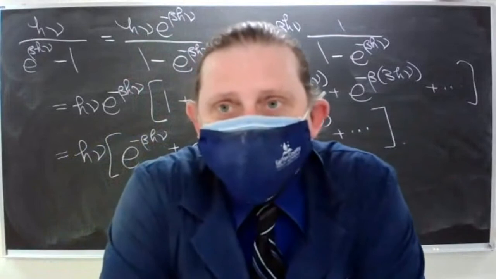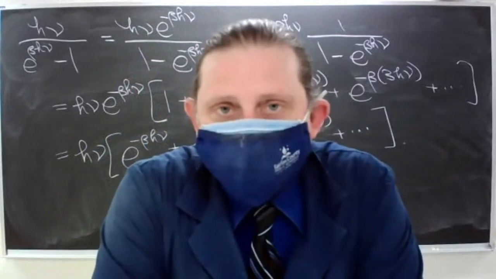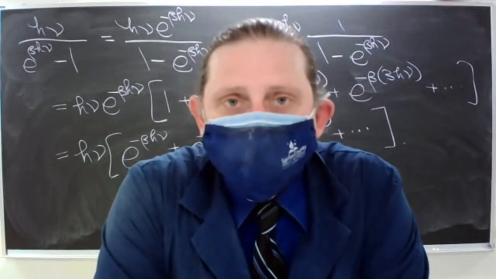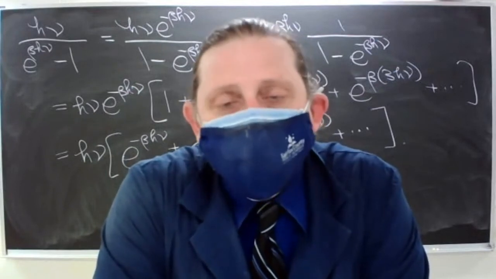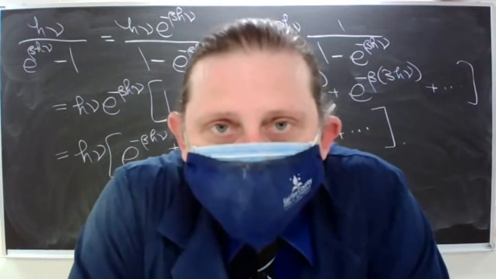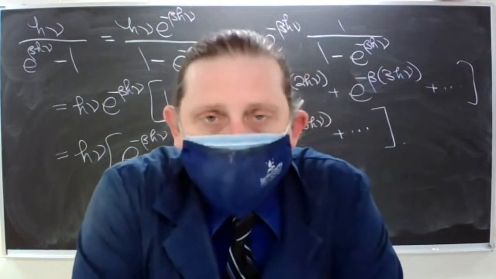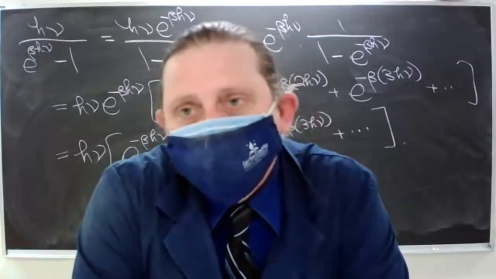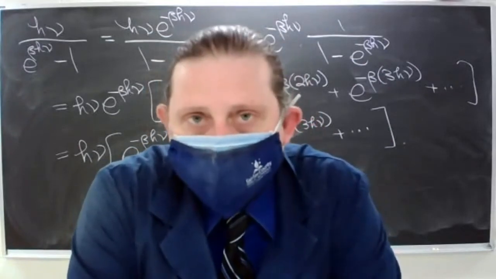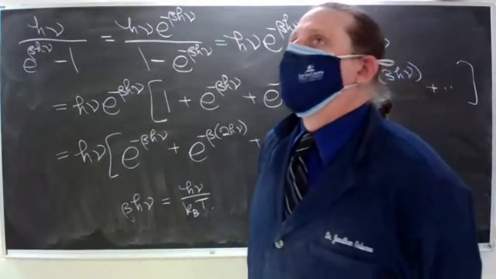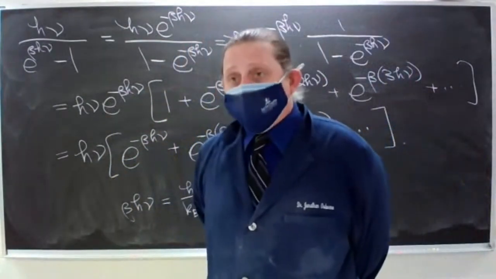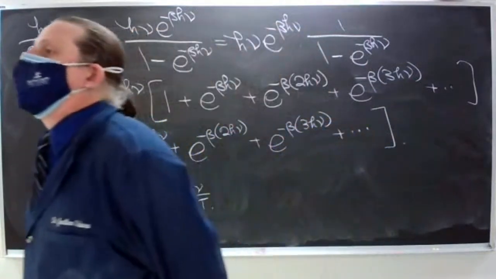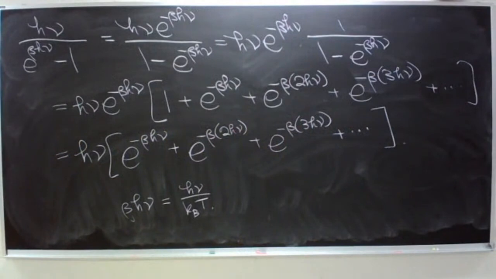This was really surprising at the time, okay? Because it indicates that electromagnetic waves have energies that are quantized. They can only occur in integer multiples of h nu. And this, I think, was what Planck was referring to when he said he was ready to throw out everything that he had understood about physics.